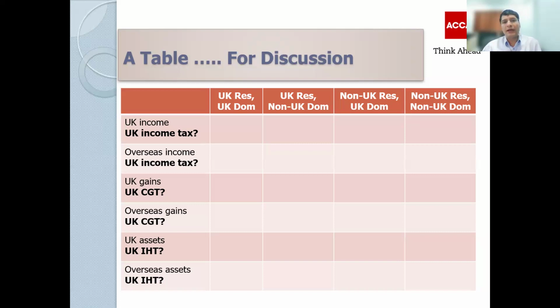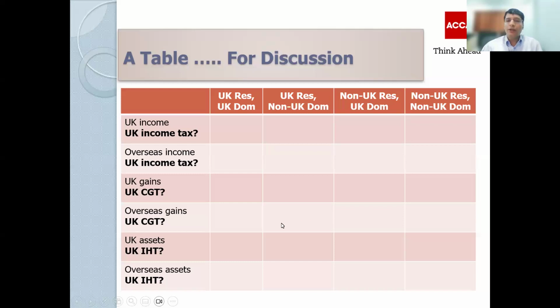If someone has overseas gain, when I say overseas gain, someone is residing in the UK, living in the UK, but has, for example, shares or property in another country, then any sale of those shares or land and building or any other property will be liable to UK capital gains tax. For UK resident and UK domicile, it is liable to UK capital gains tax.